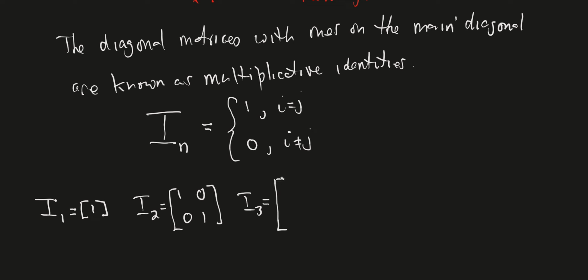So I3 is that 1, 0, 0 matrix, 0, 1, 0, and then 0, 0, 1, etc. And they all have this property. So for all 3 by 3 matrices, this will be the multiplicative identity. That's the first thing we need to establish before we start talking about the inverse.